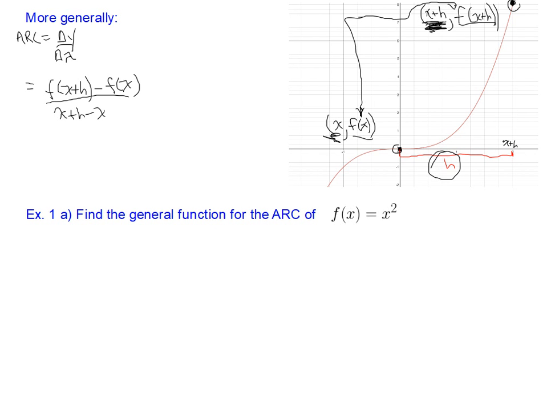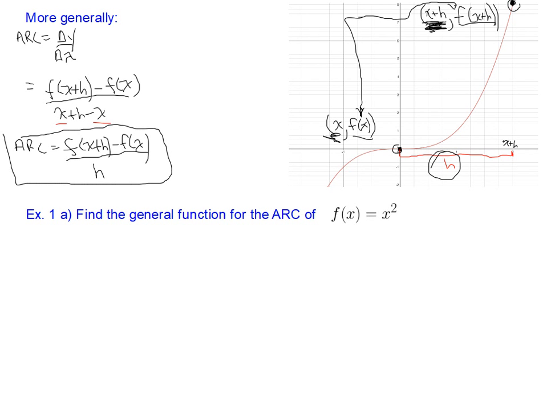And you can see now that the average rate of change is equal to f at x plus h minus f at x, all divided by, and we've got a positive x and a negative x here, so we're left with just an h in the denominator. This looks a little bit confusing, but this is a function that will work every single time we try to find the average rate of change.